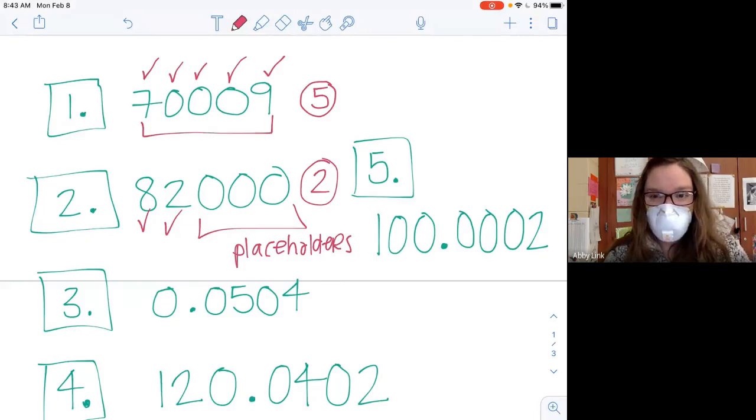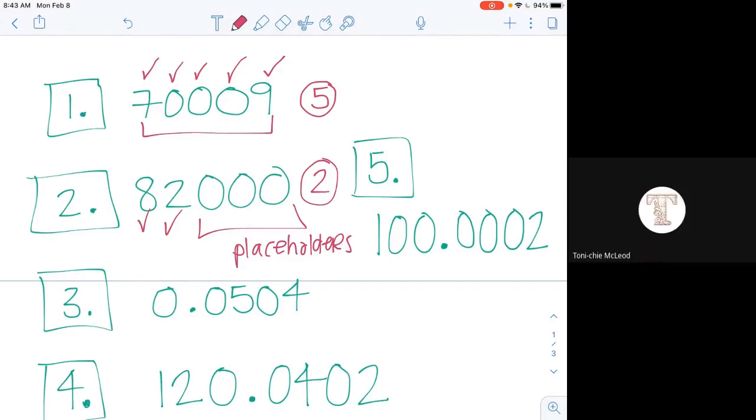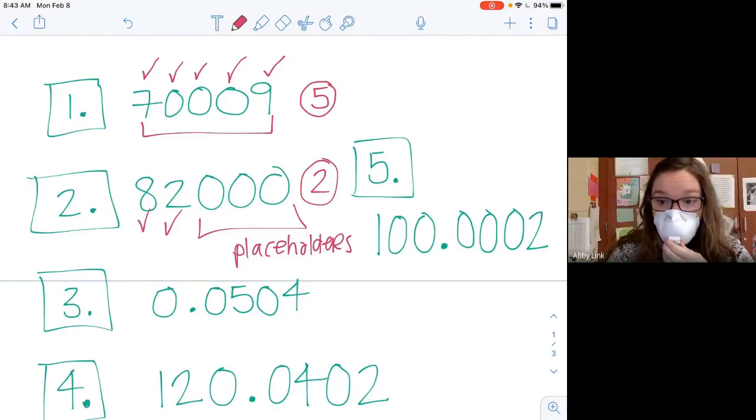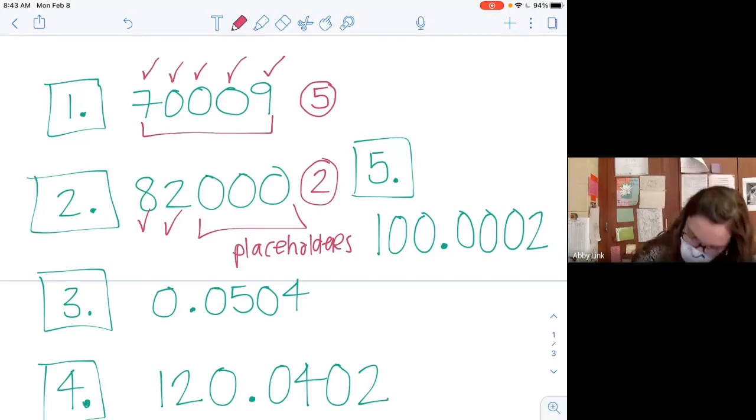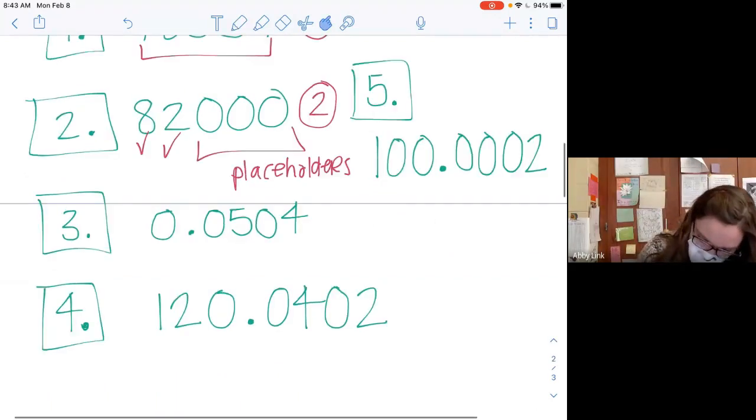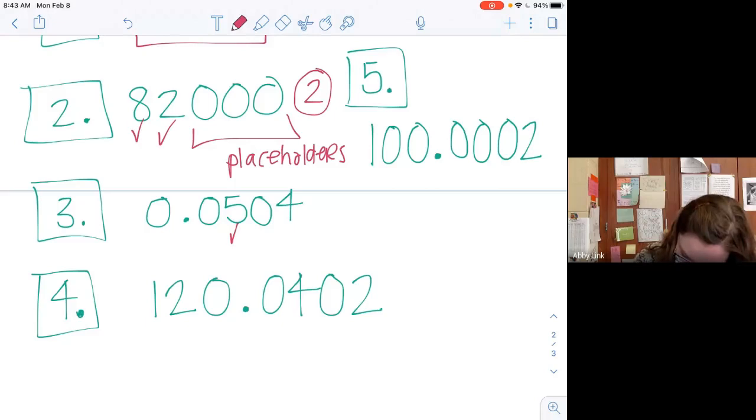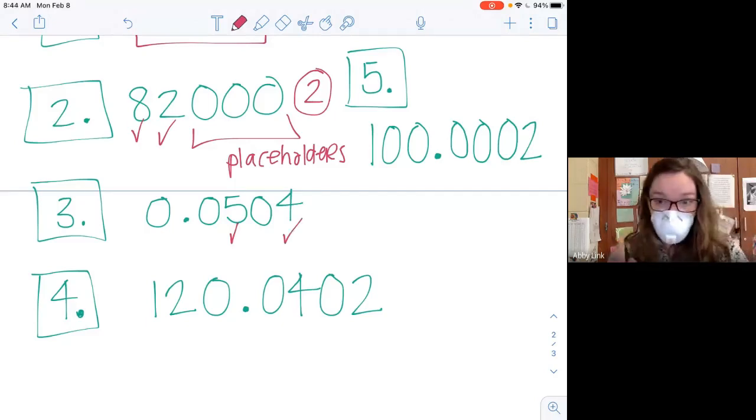Everybody comfortable with that? All right, what about number 3? Number 3 is getting tricky. Okay, Tony said 3. I'm seeing 3 and maybe 4 in the chat. All right, so let's talk about it. Let's first check off the ones that are significant. So the 5 and the 4, for sure, are significant.